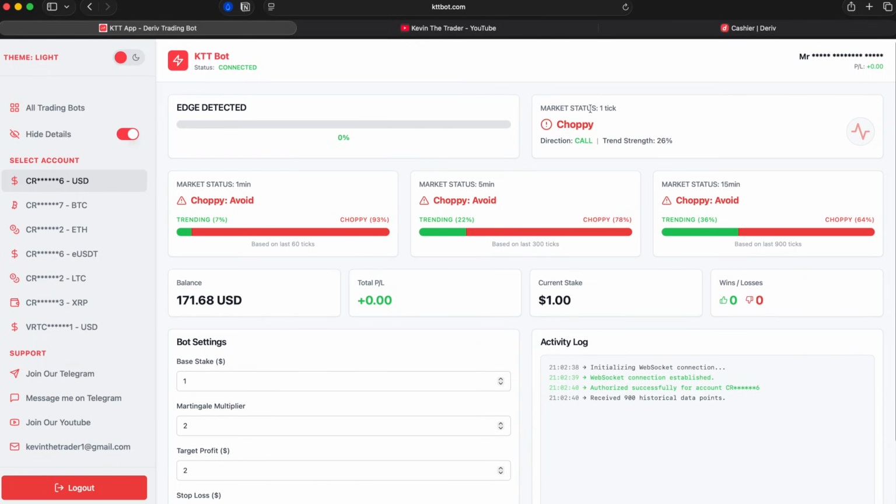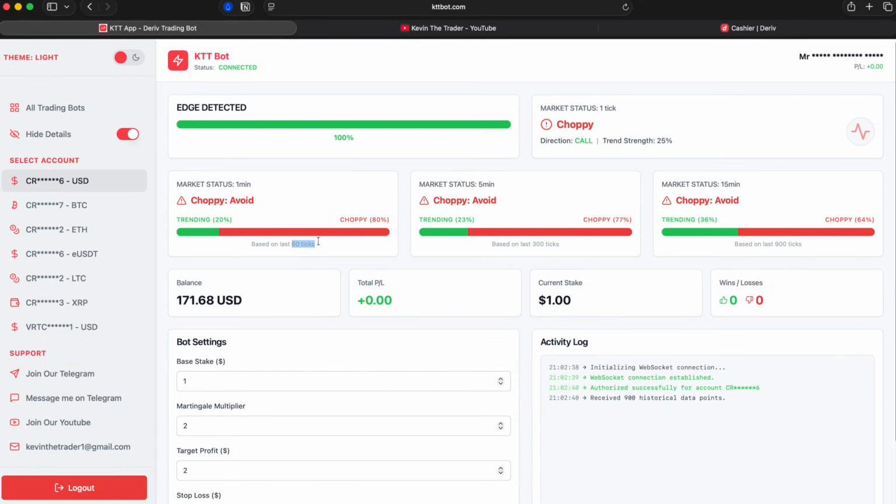Now 1 tick means the information that the market shows you per second, right? And this is in 1 minute. This is the information that the market shows you per 60 seconds, which will be 60 ticks. 1 tick represents 1 second.